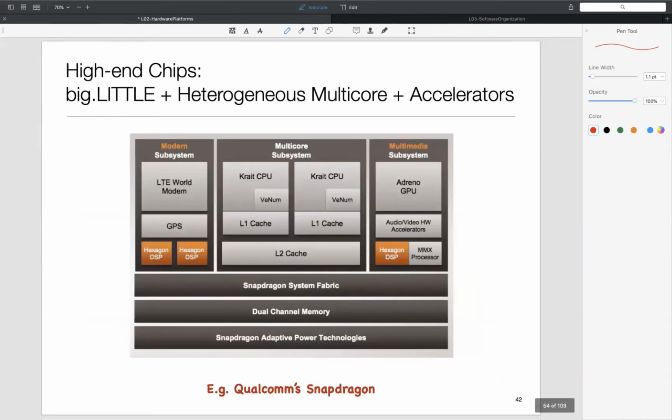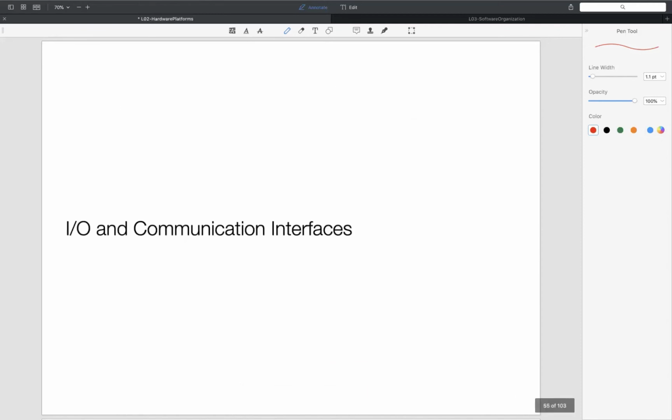So that exists. Higher end chips, as I said, nowadays have accelerators as well as these other specialized processors, so DSPs and things like that. So a lot of complexity, something that software, if it so chooses, can exploit.